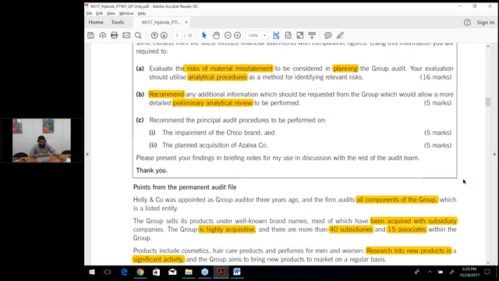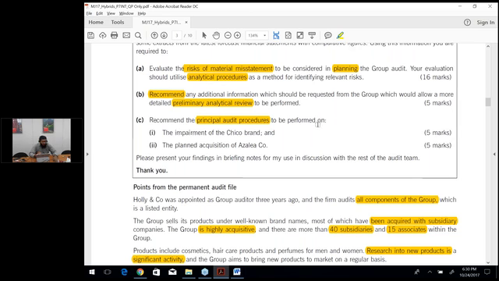Now let's move forward, and it says recommend the principal audit procedures to be performed on the impairment of Chico brand and planned acquisition of Azalea company. There is something very important here.